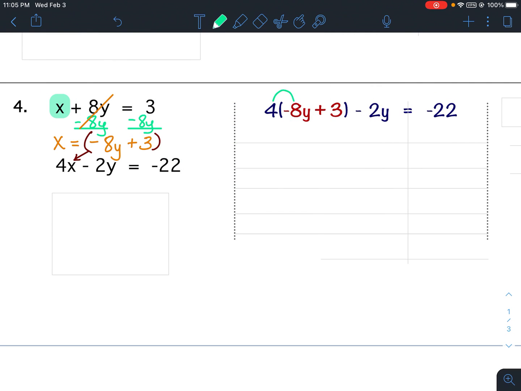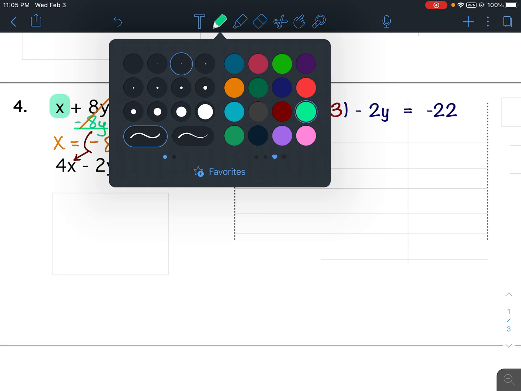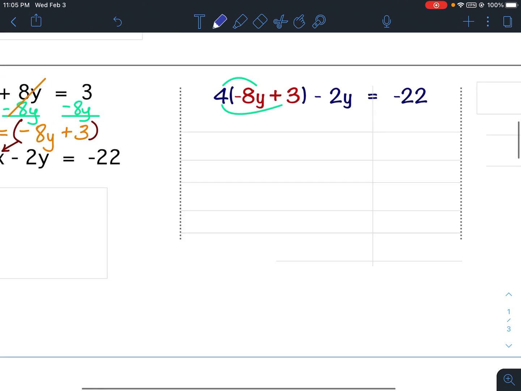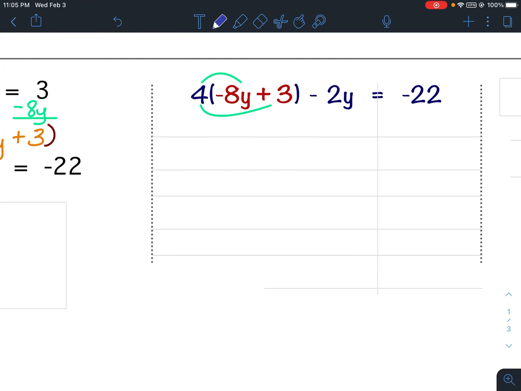First step is the distributive property. So 4 times -8 would give me -32y. 4 times 3 would give me +12.